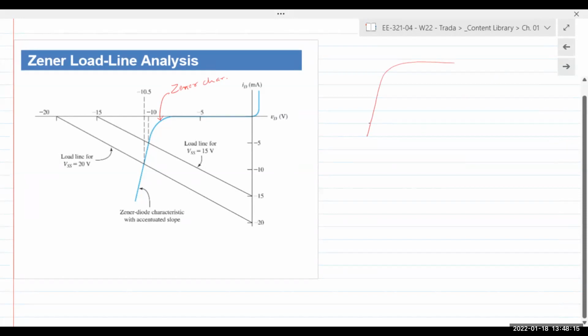Now this has a slope, but the slope is just exaggerated, as an illustration tool for this example. Typically the Zener diodes, or all diodes in the reverse bias region, have a nearly vertical characteristic. So this is just being exaggerated to show how the Zener performance can change with change in operating conditions. Nothing is ideal in real life.